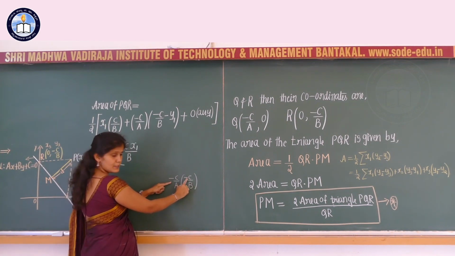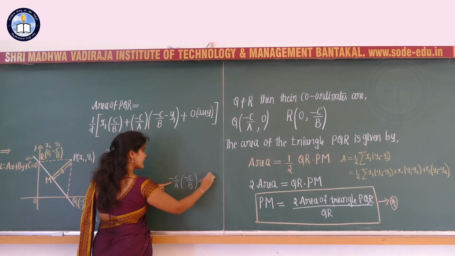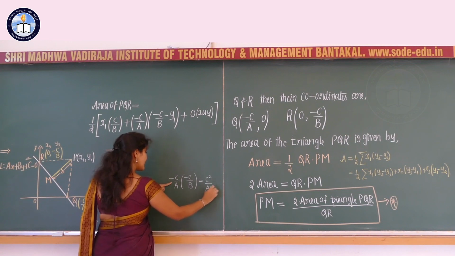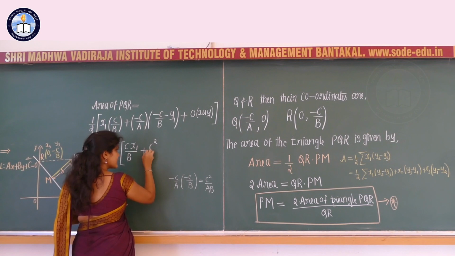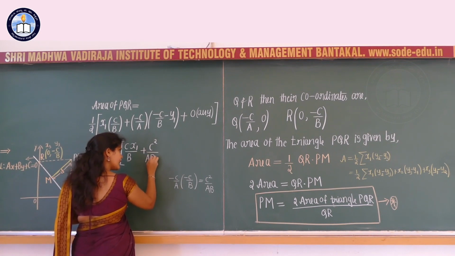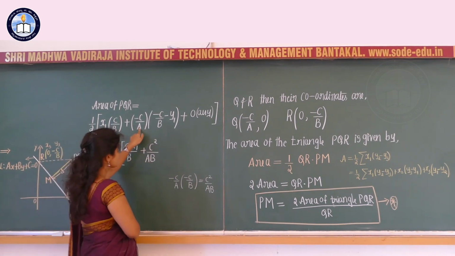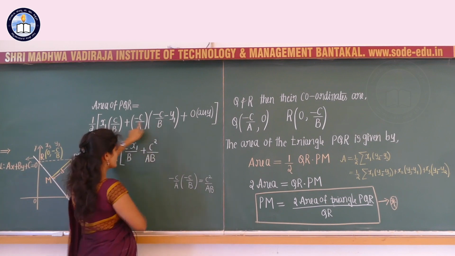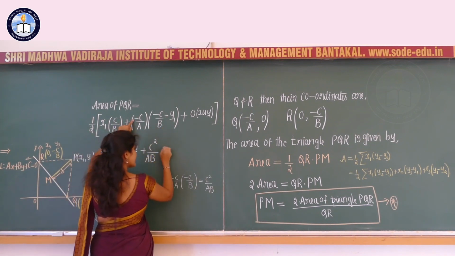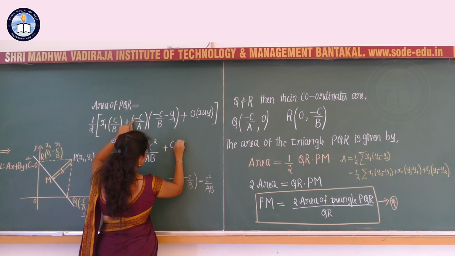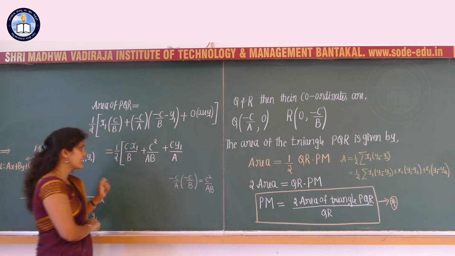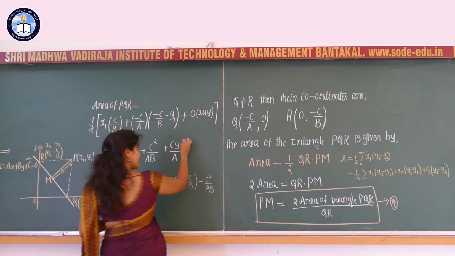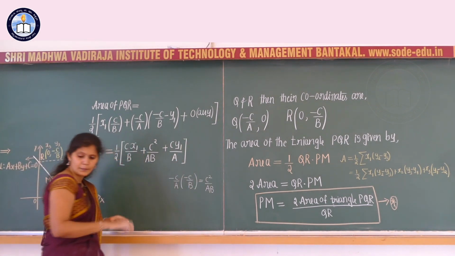Minus into minus plus c into c, that is c square divided by ab. So the second term I can write it as c square divided by a into b. Minus c by a into minus 1 y1, minus into minus, that is c into y1 divided by the denominator is a. 0 into any terms, that is nothing but 0.